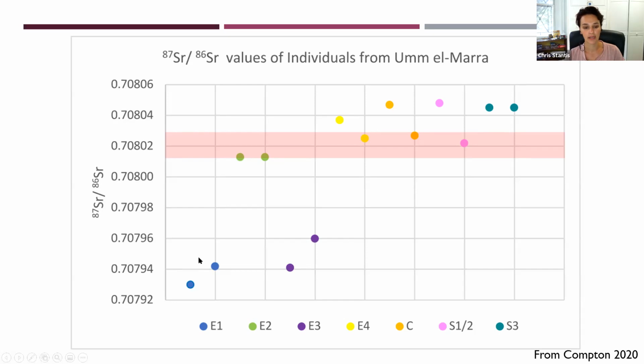So in Compton 2020, she took 2 enamel flakes, each shown paired by colors here, from the top of the animal's crown to near the root junction. So from those first years of life to later years of life, in order to examine movement over time. Now, the animals on their own are quite interesting, especially with the 2 equids showing very different values.